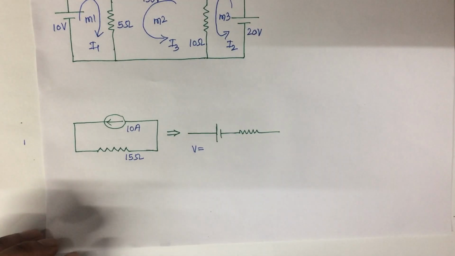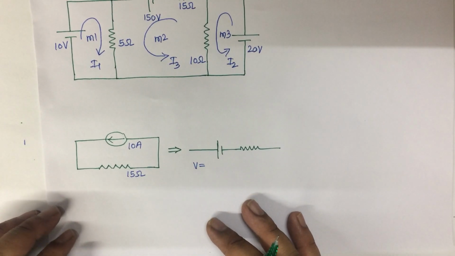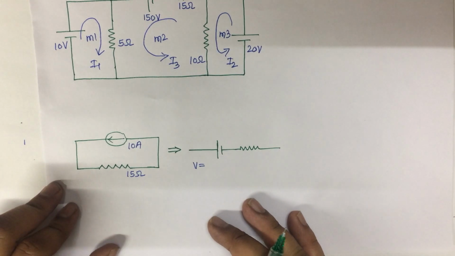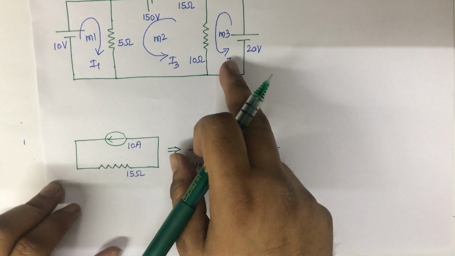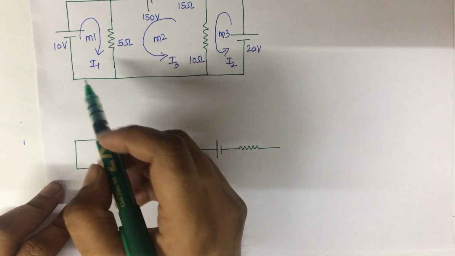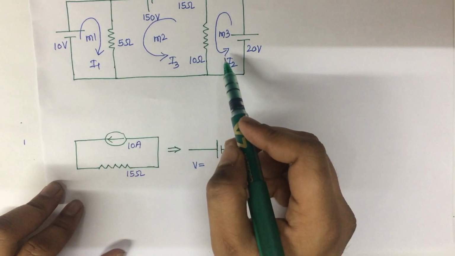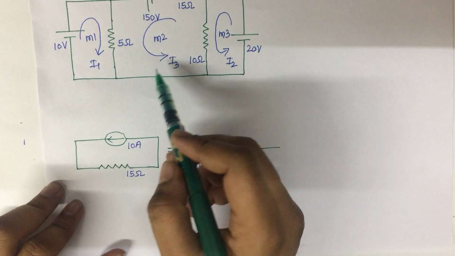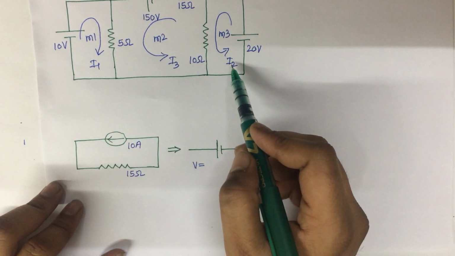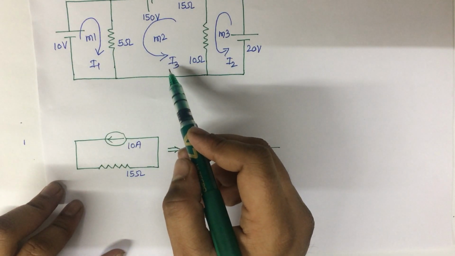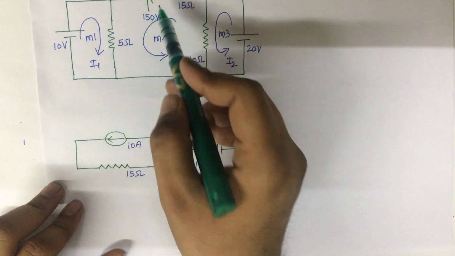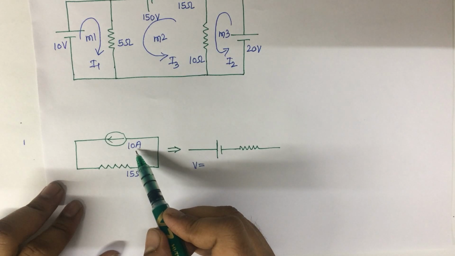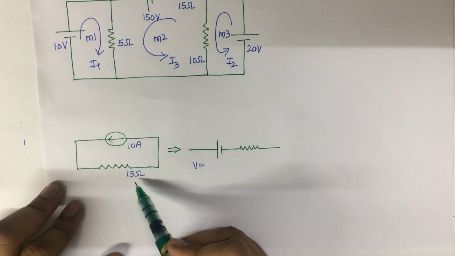Now we solve this question by mesh analysis. So here we define M1, M2 and M3 in this way, and we consider currents I1, I2 and I3, right? I1 is clockwise, I2 is anti-clockwise and I3 is anti-clockwise. Here in this branch there is a 10 ampere current source and 15 ohm resistance.